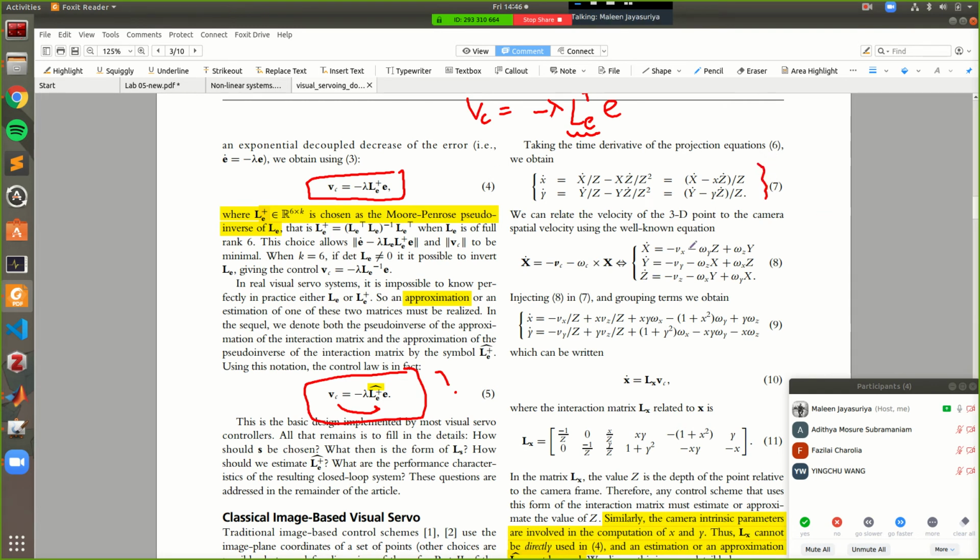And how 3D points are related to 3D velocities is given by these set of equations, right? Again, I won't go into how to derive these, right? But it's basically spatial equations, right? There are linear velocities, angular velocities, and it relates how your 3D velocities are related to those 3D points, right?